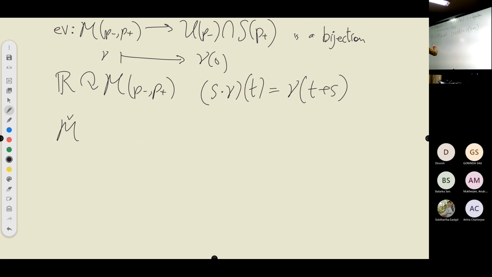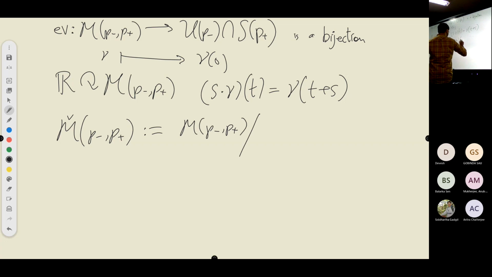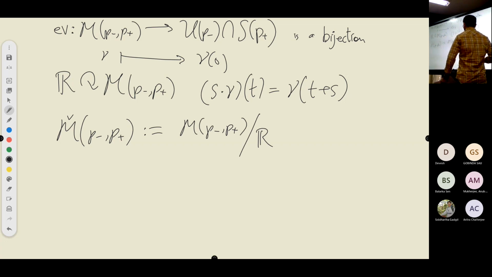We talk about unparameterized trajectories, which is just going to be this space modulo the R action. And so now, let me just jump straight to the claim.